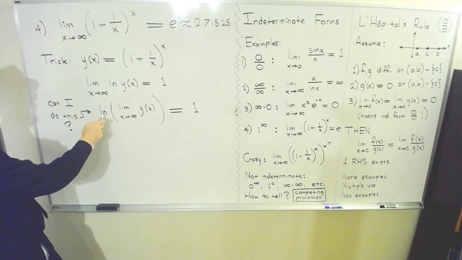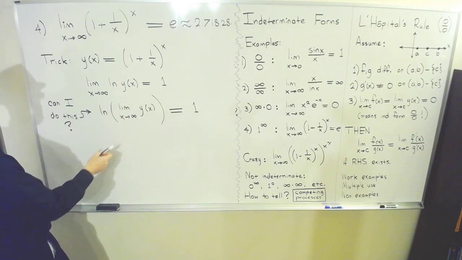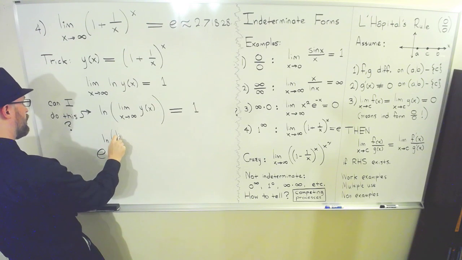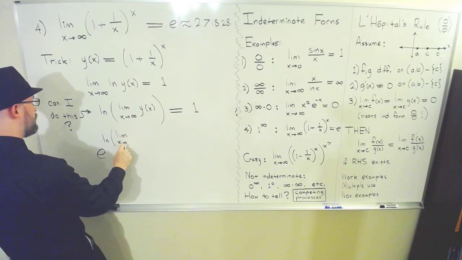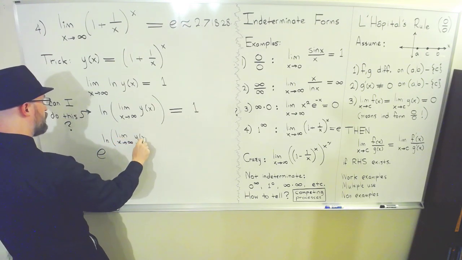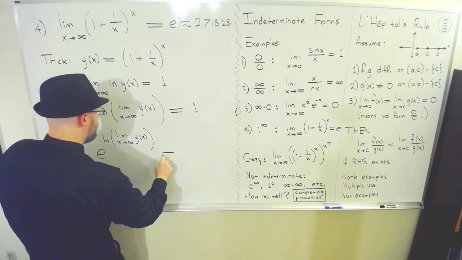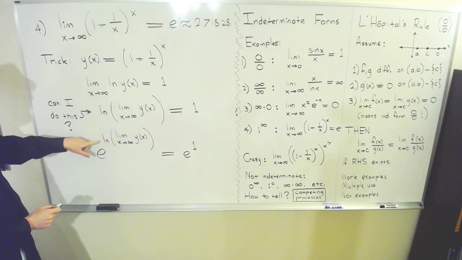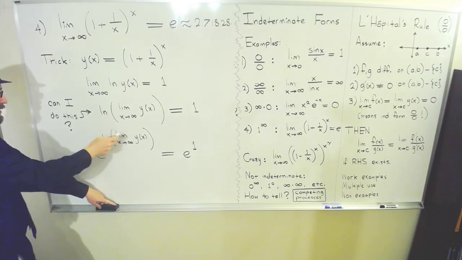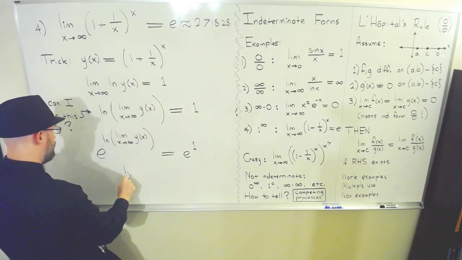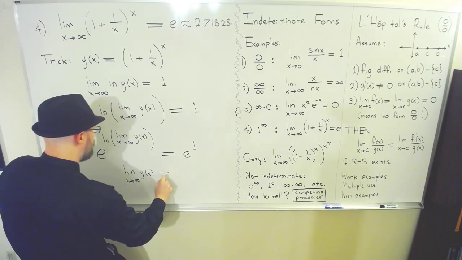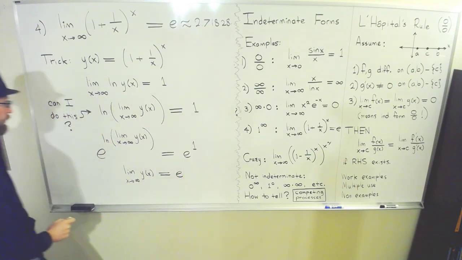Then I would exponentiate both sides. And so I would take e to the ln of this equals e to the 1. And of course, you know that e to the ln of anything is just that thing. So this would say the limit as x goes to infinity of y of x equals, and you know e to the 1 is just e.